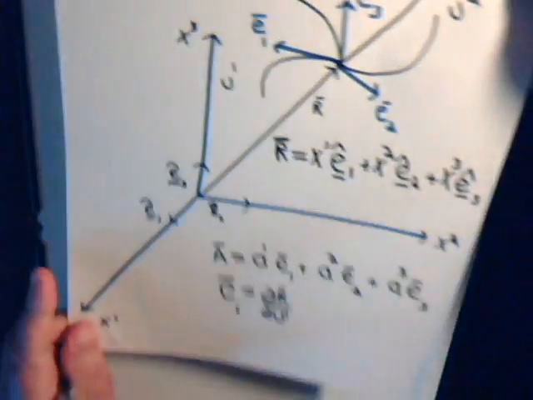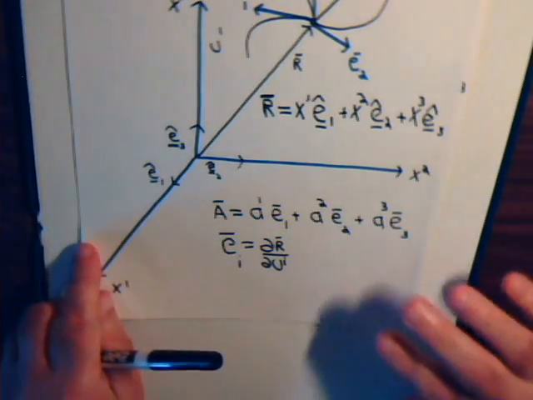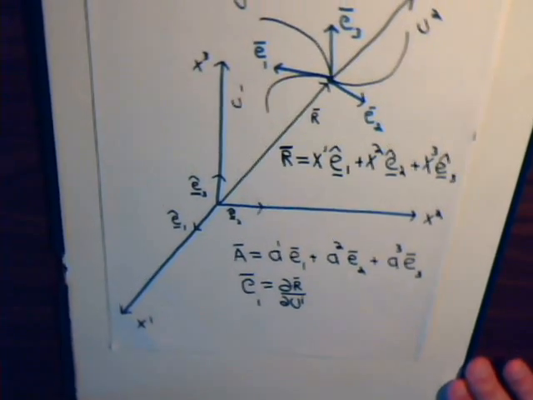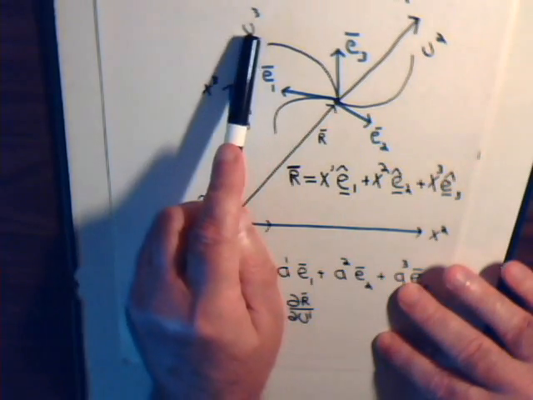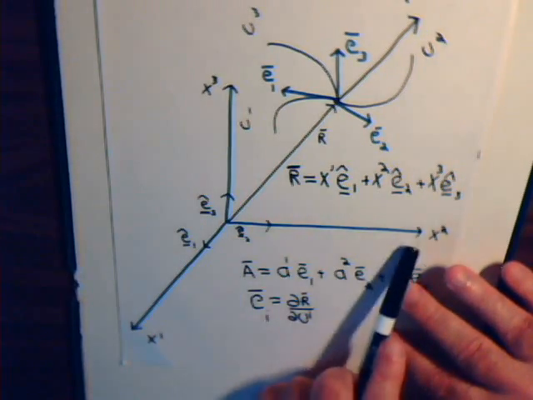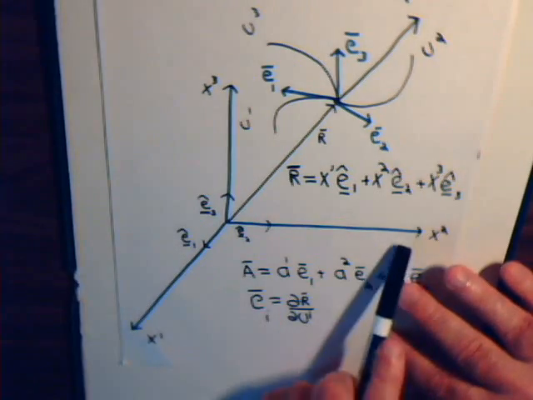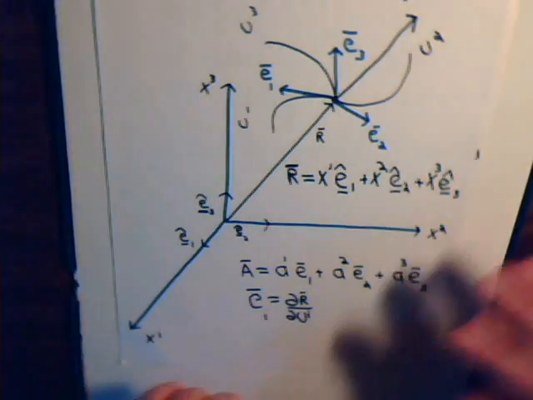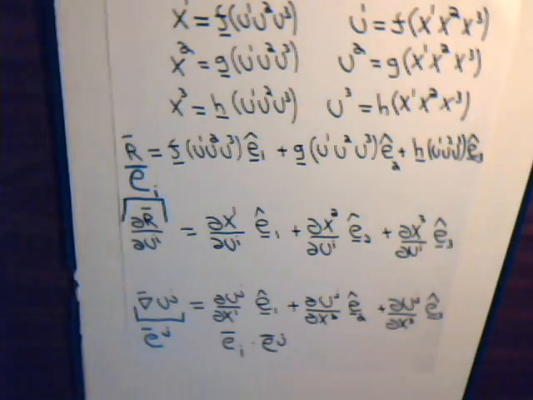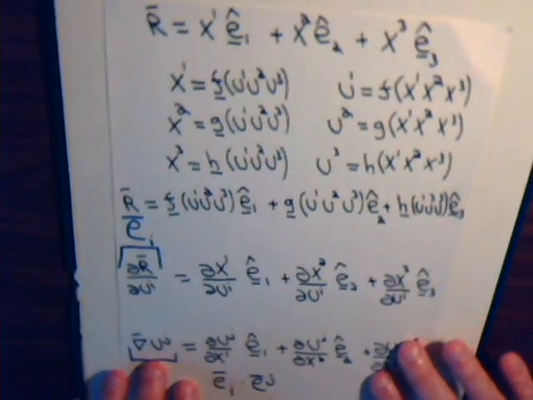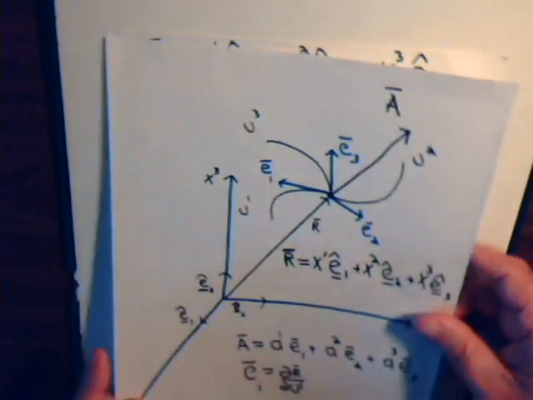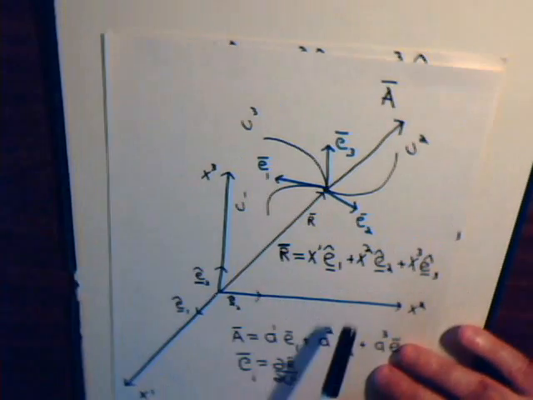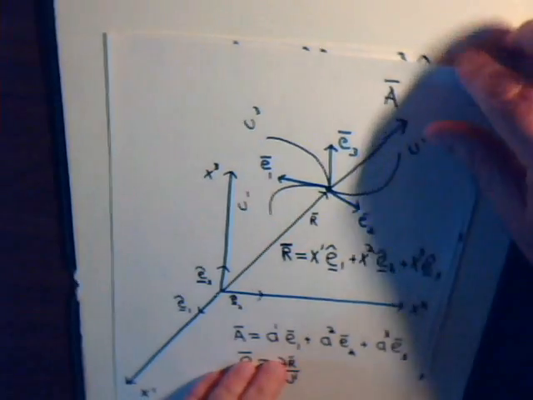So we have the generalized curvilinear system, u1, u2, u3, and then here we have the Cartesian axes, x1, x2, and x3. As we explained in the previous video, we assume that we know how to transform from the u coordinates to the x coordinates and vice versa.